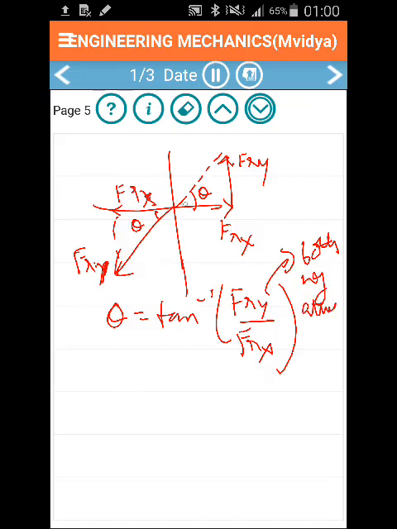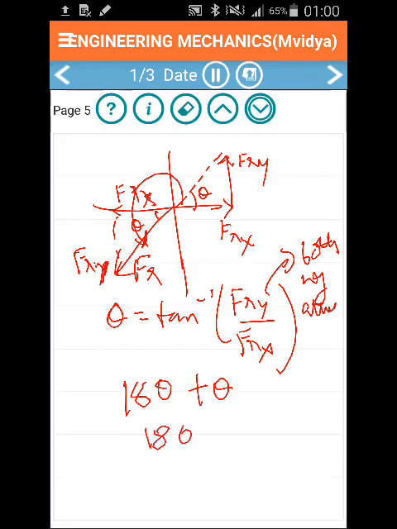Then my actual value θ, that is the angle which the resultant FR makes with the positive direction of the x-axis, would be 180 plus θ. So in this case, if it is 50 degrees, it would be 180 plus 50, which is 230 degrees with the positive x-axis.